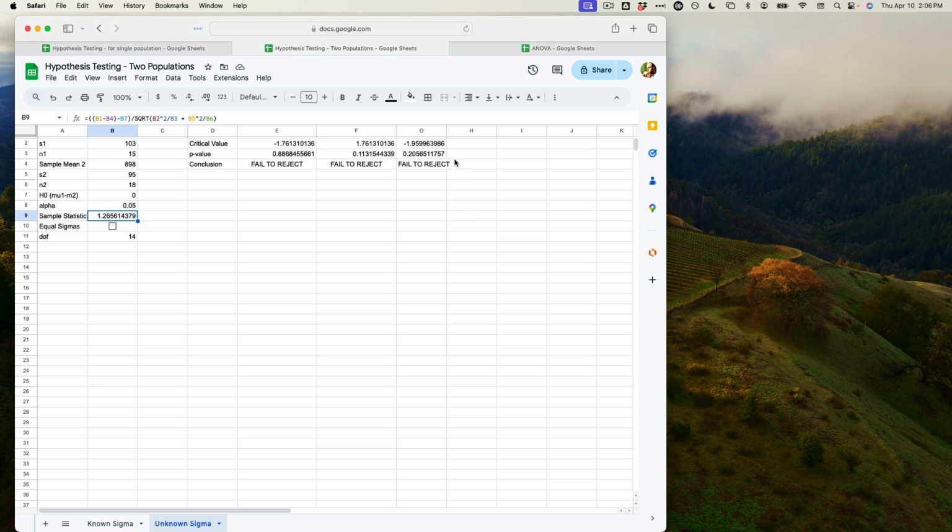This spreadsheet is copied from the spreadsheet for the single population t-test. The only thing that's changed here is how we're evaluating the sample statistic. Everything else remains the same. So all I have to do now is figure out how to embed these formulas into the spreadsheet.